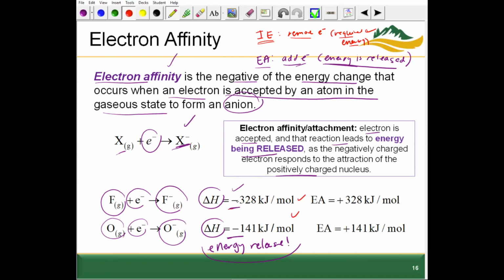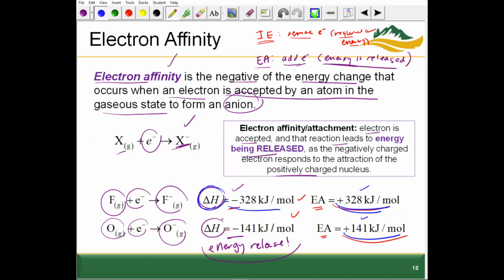So although energy is released, we can still quantify the amount of electron affinity or attachment with a positive number. So we can ask how much energy was needed to add an electron. Well, this much energy was needed, but when that electron was added to the nucleus, we release that amount of energy.